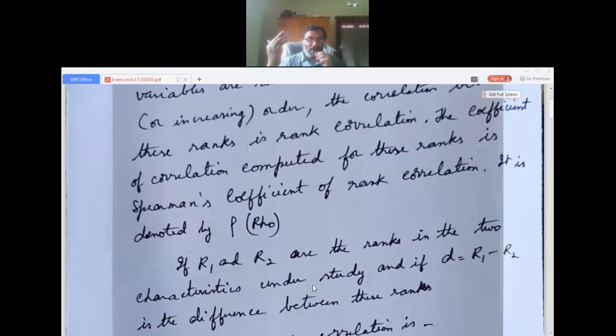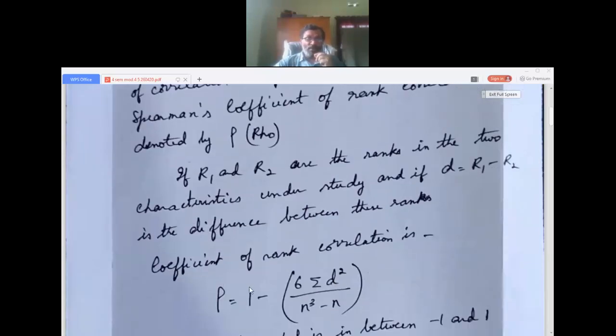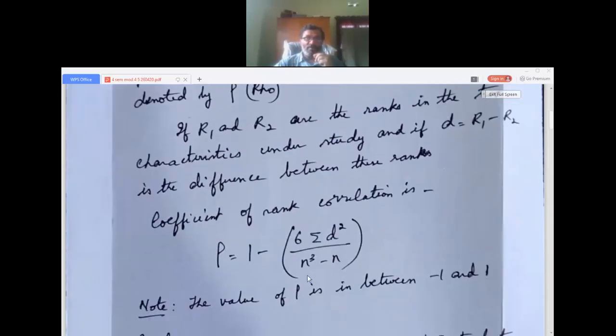If you take D as R1 minus R2, the difference of the ranks, then Spearman's rank correlation coefficient is given by the formula rho is equal to 1 minus 6 sigma d squared divided by n cubed minus n.